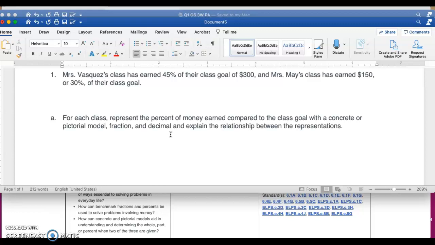Well, they would need to know what a concrete or pictorial model was. They would need to understand the concept of a fraction and the concept of a decimal. And we're going to throw percent in there as well because the original question had a percent in it. So percents, fractions, decimals, plus concrete and pictorial models that represent percents, fractions, and decimals.